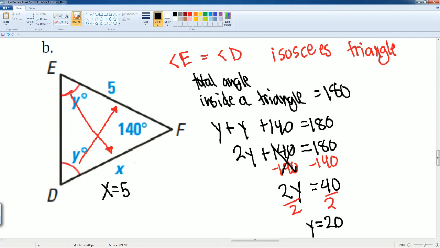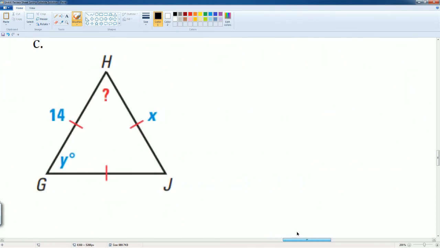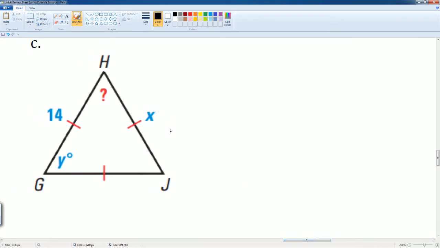Let's see. Is there a question C? Yes, there is. Notice question C. The marks here indicate that the lines are the same. So here it looks like line GH, line HJ, and line GJ are all the same because of that red mark.